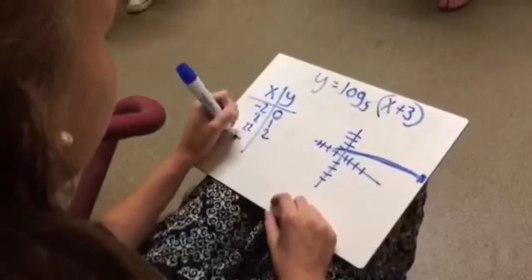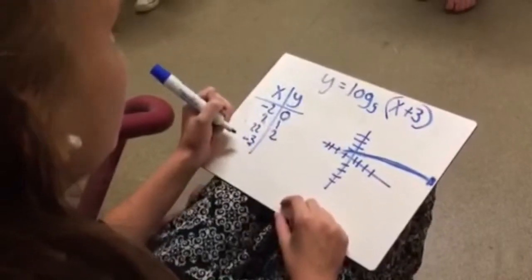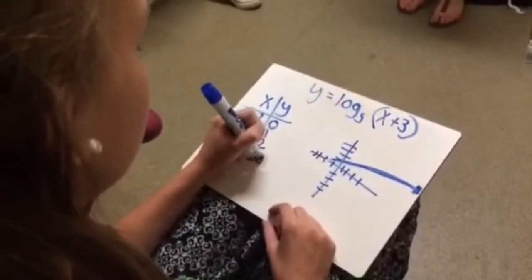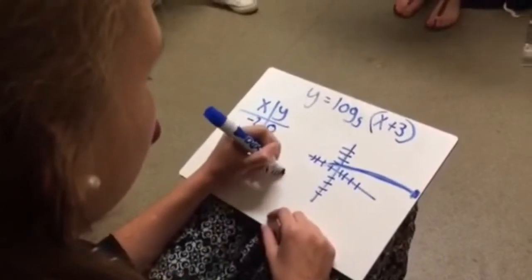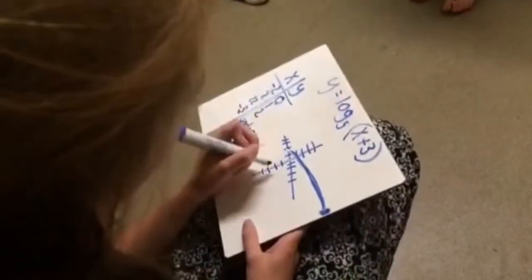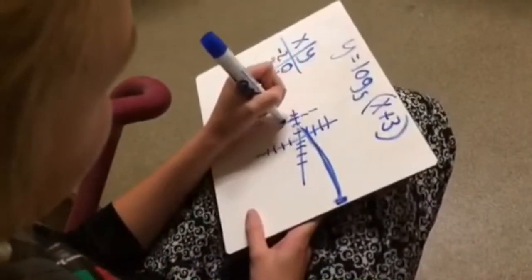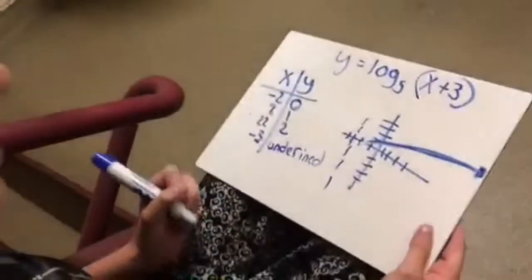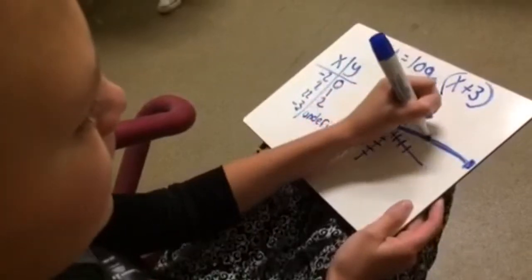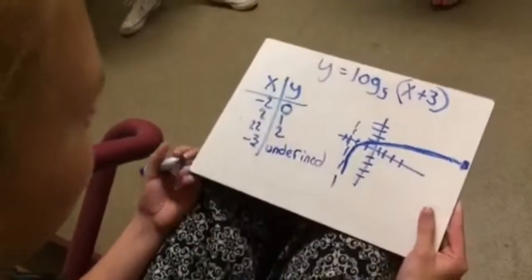Now if I plug in -3, 5 to the nothing power is undefined, which means that negative 3 is the asymptote. So if we continue the graph, it'll go something like this. But what does it mean?